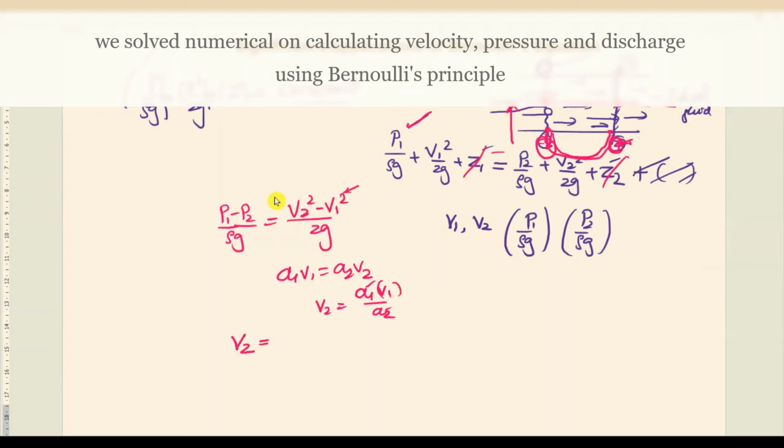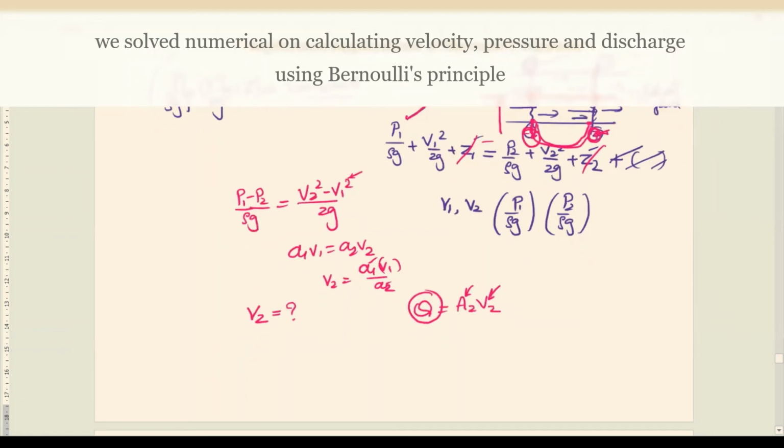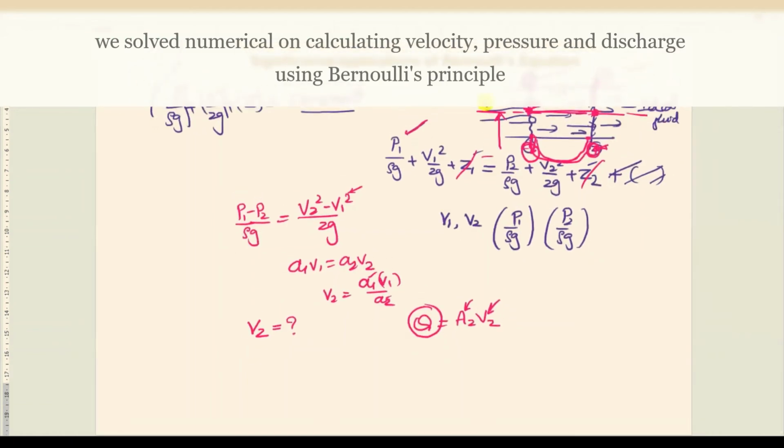Once you calculate the velocity at section 2, use the equation discharge is equal to area multiplied by velocity at point 2. So once you substitute the value of V2 and area at section 2, you can calculate the discharge. So finally, the conclusion is that Bernoulli's equation is used for measuring discharge.